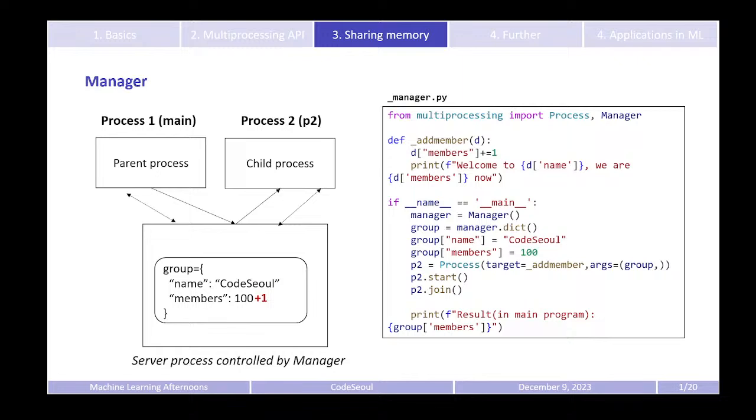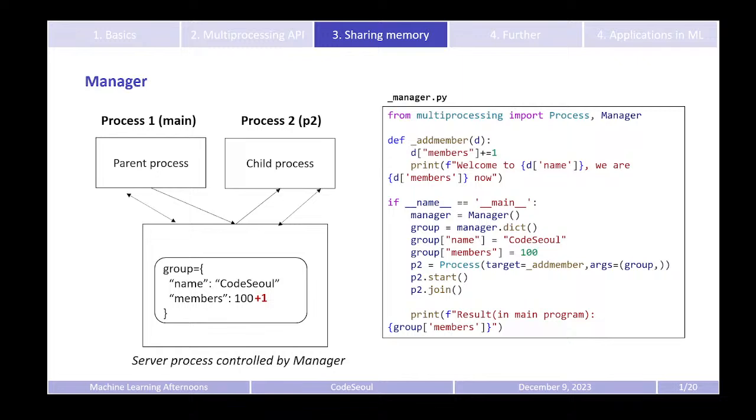Here, the way we interact is that we create a manager, and then we can create an object within this manager. We can say this is a dictionary type, and within this dictionary we originally put some string, Code Seoul, and some random number of members, like 100. Then we want to add a new member from the other process, so we define our function which performs the actual operation, and we pass our manager's dictionary object into it.